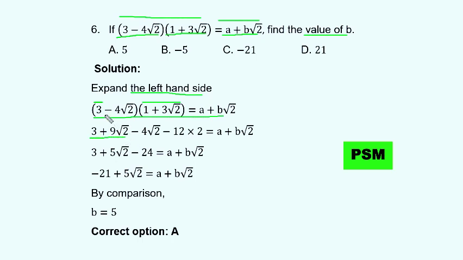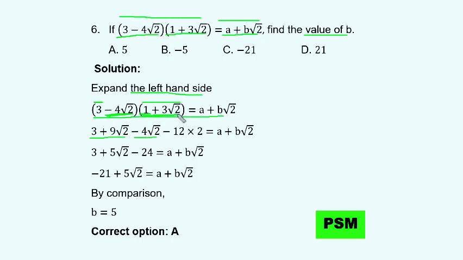Then the second term in the first bracket, that is minus 4 root 2, to multiply the second bracket. So minus 4 root 2 times 1.